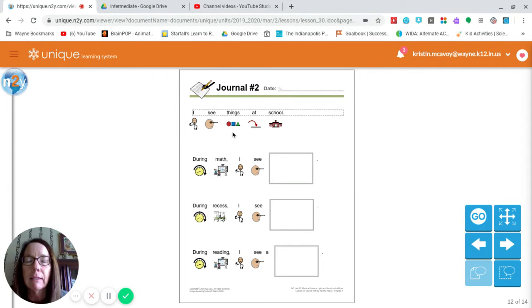There are lots of things that you see at school, but there are 3 writing prompts for you to fill in on this particular journal. So the first one is during math. During math, I see.